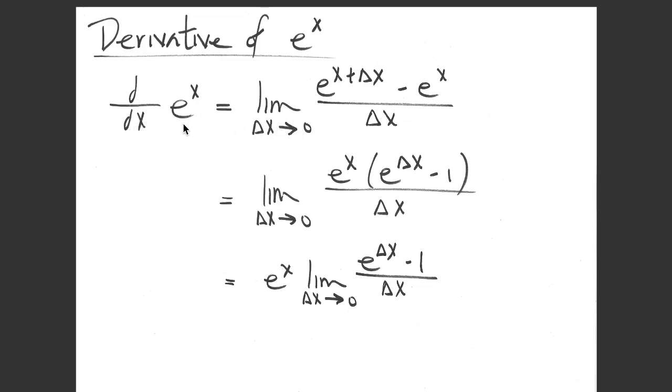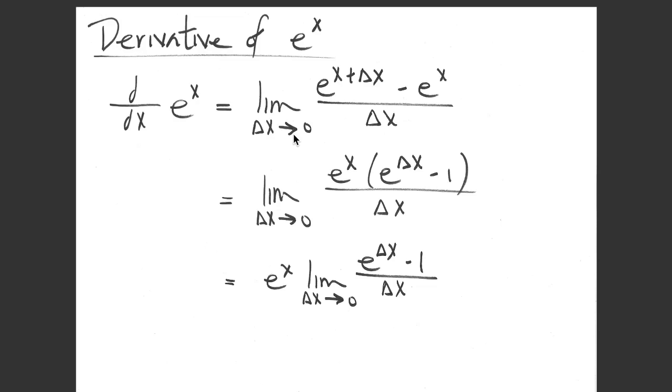The derivative of e to the x is the limit of the difference quotient. You may remember the difference quotient here, we call the arc function, the average rate of change function, f of x plus delta x minus f of x over delta x. And you take the limit as delta x goes to 0.